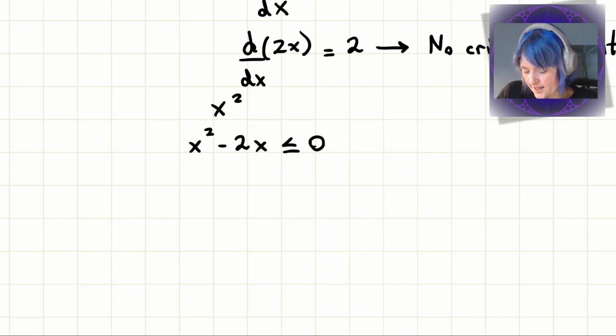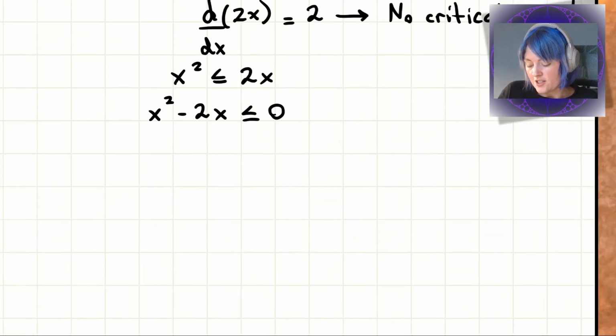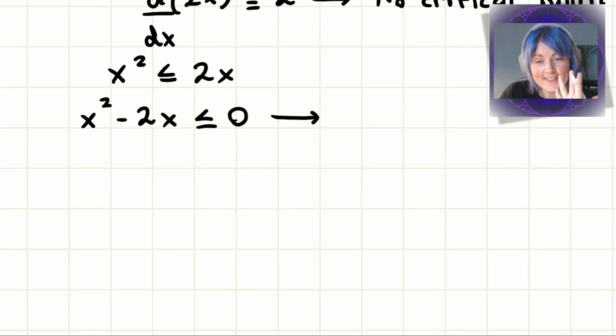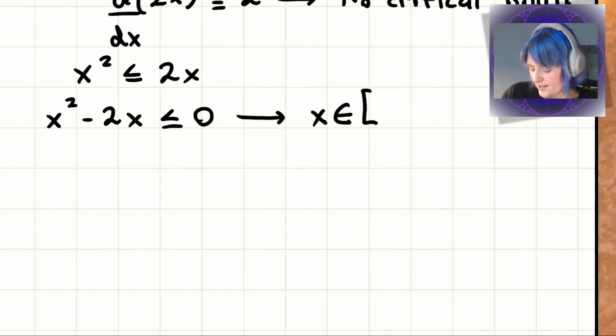If we just take the exact same inequality and subtract 2x from both sides, that's what we get. So for this function, the values of x that satisfy this inequality are x that exists between 0 and 2.